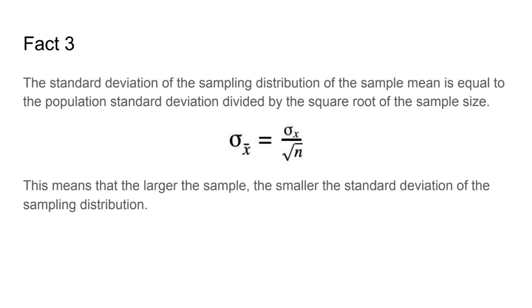The standard deviation of the sampling distribution is equal to the population standard deviation divided by the square root of the sample size. That means that the larger the sample is, the smaller the standard deviation of the sampling distribution will be.